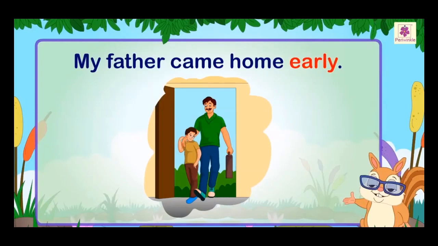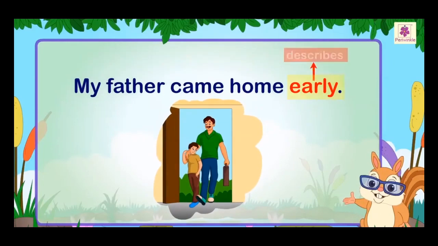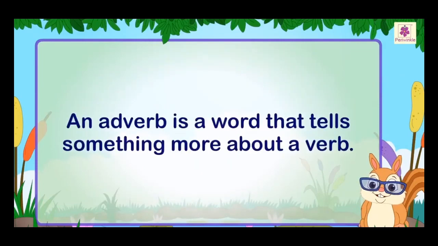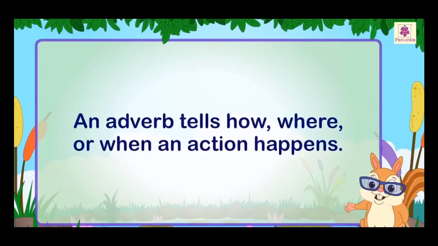The word early here is telling you more about the action that happened, which is the action came. This means that an adverb is a word that tells something more about a verb. Remember what we said in the lesson? An adverb tells how, where, or when an action happens.